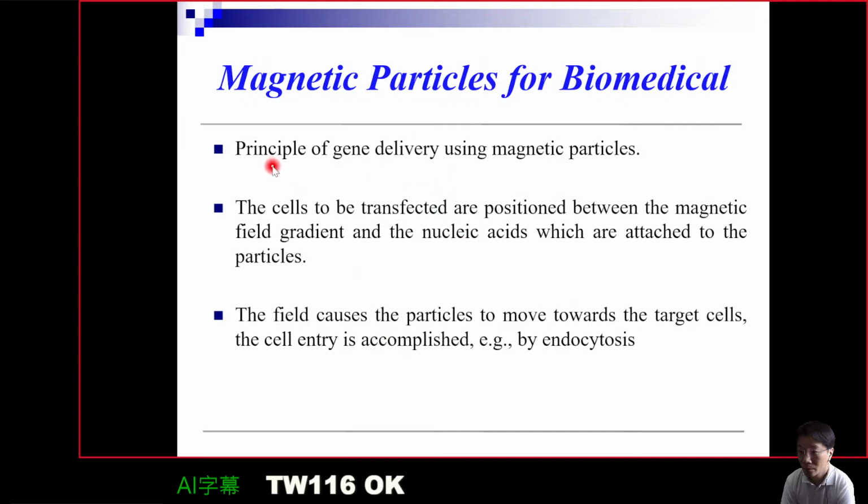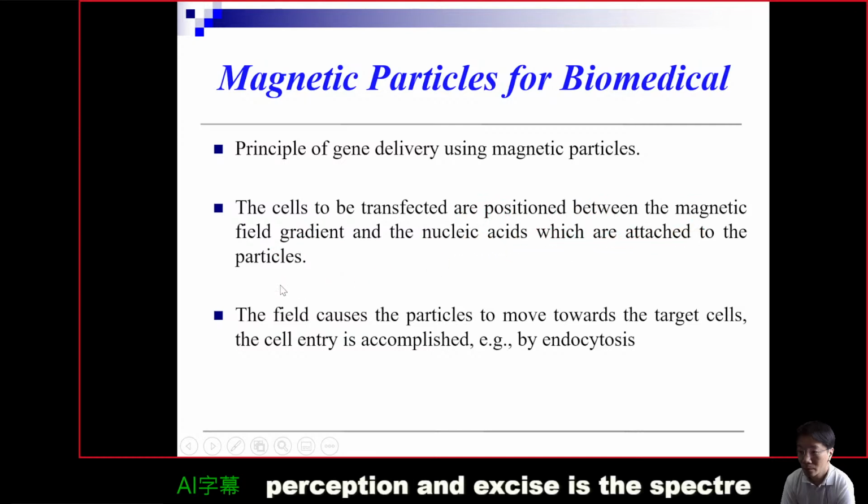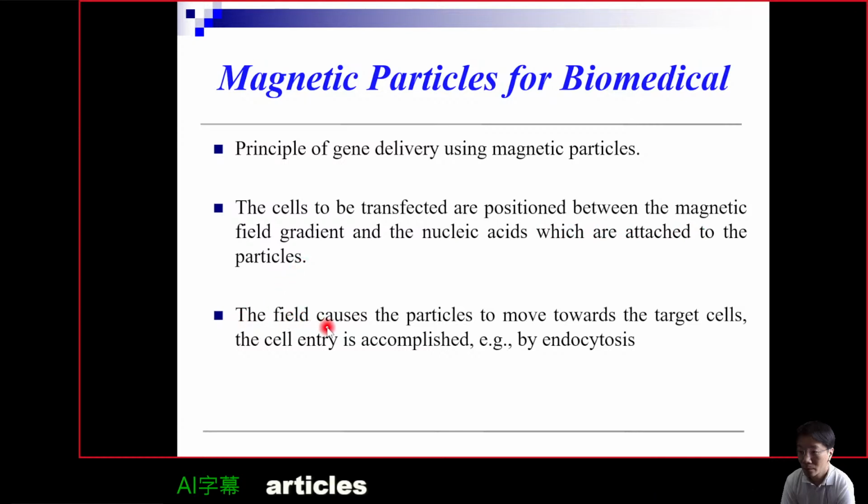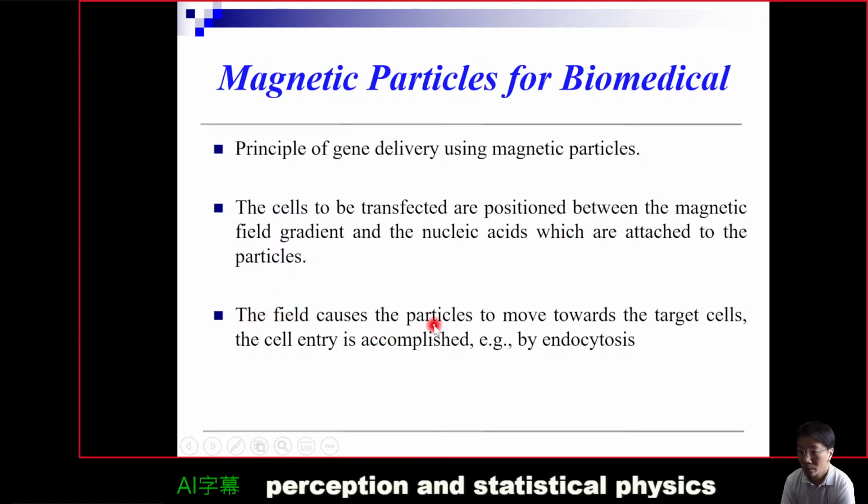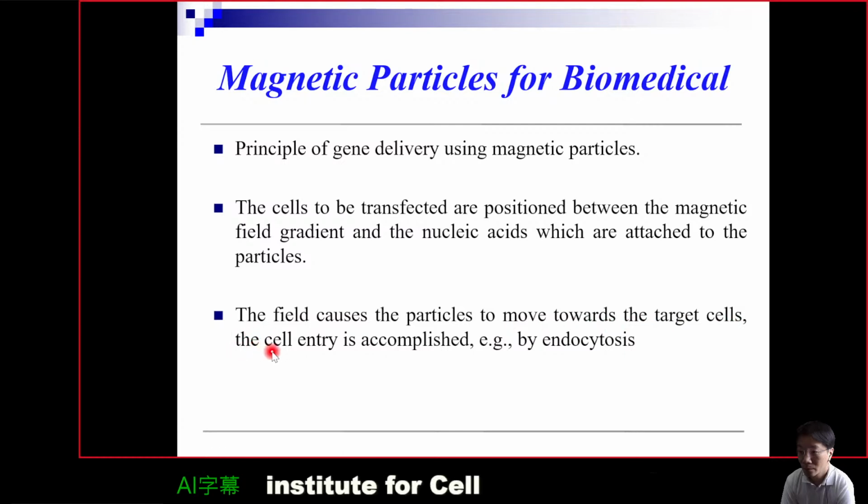Okay, now the principle of gene delivery using magnetic particles. The cell can be transfected, positioned between the magnetic field gradient and the nucleic acid attached to the particles. This gradient field will cause the particles to move toward the target cell and enter the cell through endocytosis.